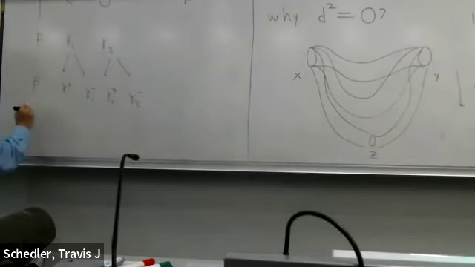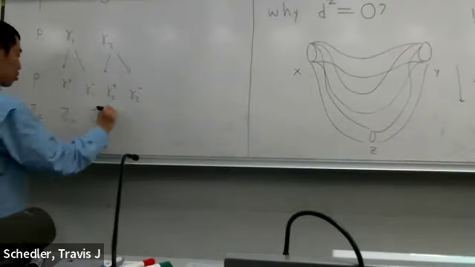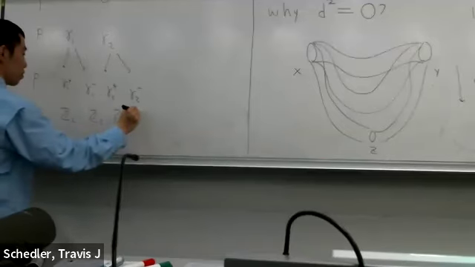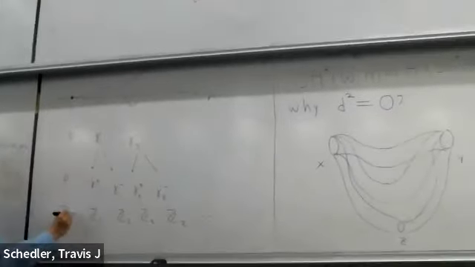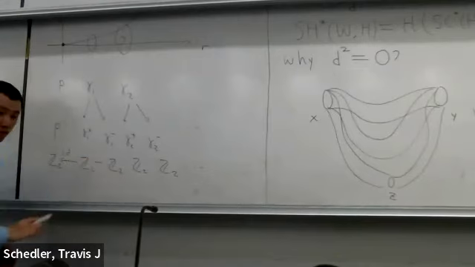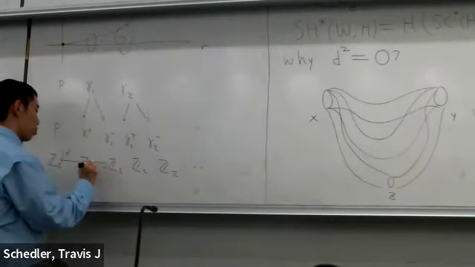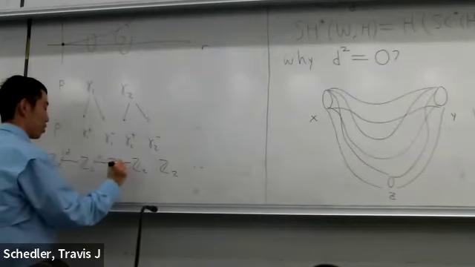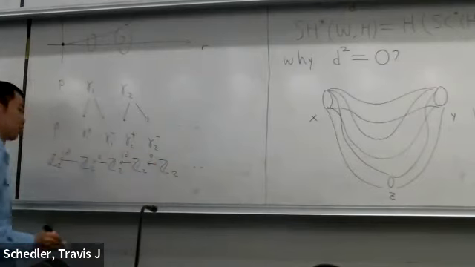Then the differential, I claim, in this picture is the following. We have a bunch of copies of Z2. Each generator gives us a Z2, and the differential is somehow the identity map, and on P it is 0. So that's the differential.